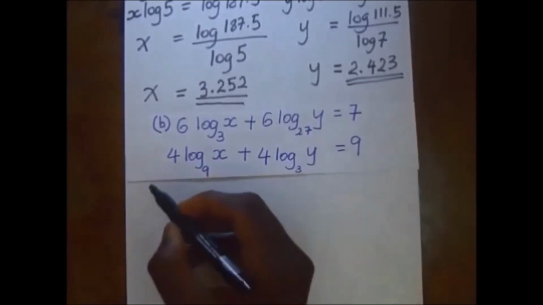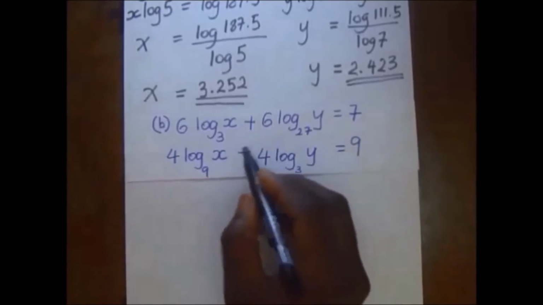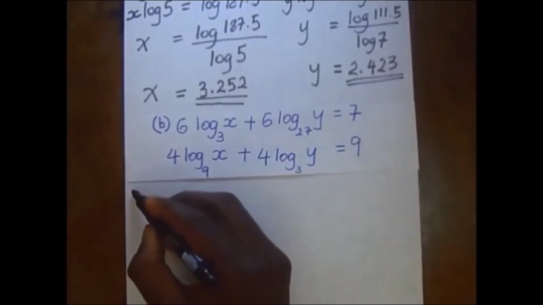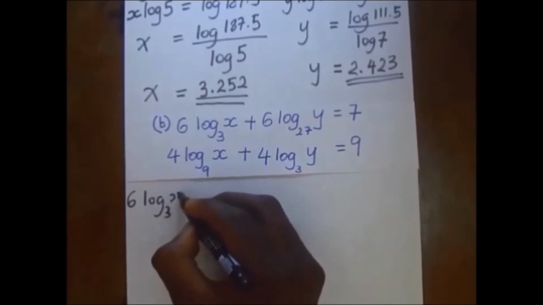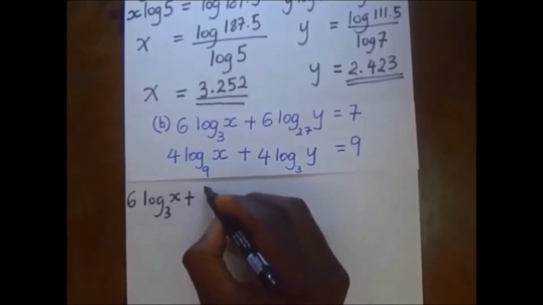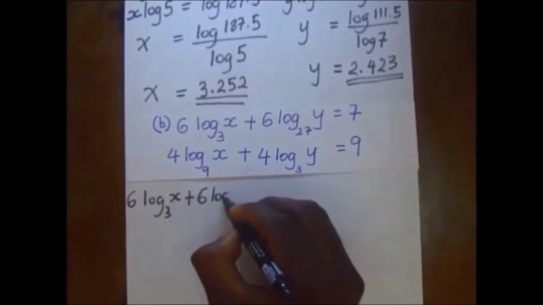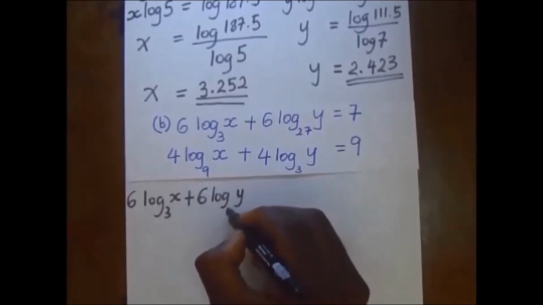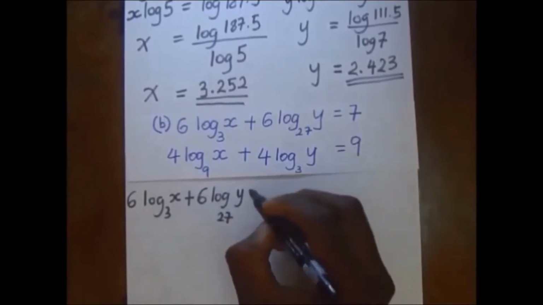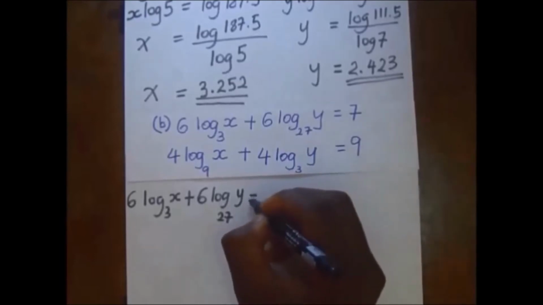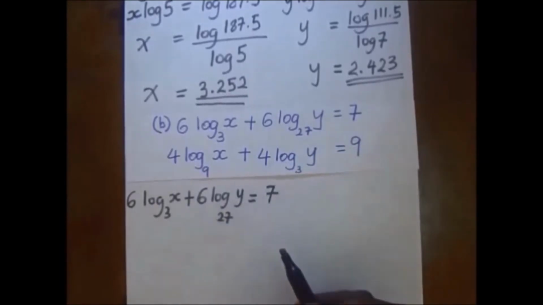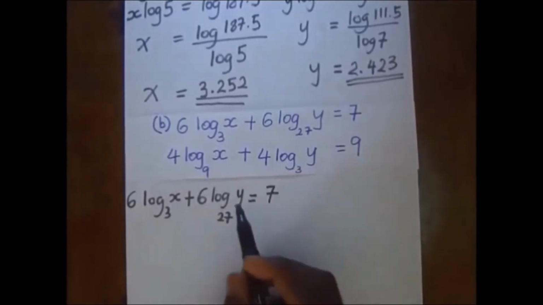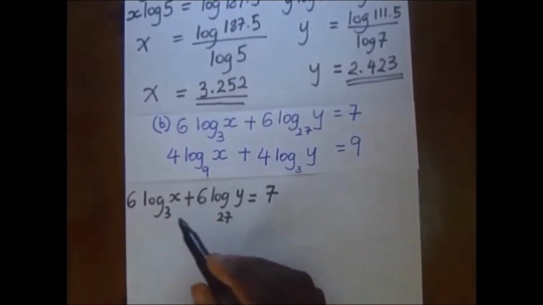So in this case, this equation is going to become 6 times the log base 3 of x plus 6 log of y base 27, that is going to be equal to 7. So we convert it to base 3.